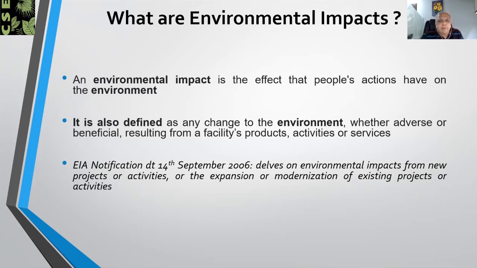So, what are environmental impacts? As the dictionary meaning goes, an environmental impact is the effect that people's actions have on the environment. It is defined as any change on the environment, whether adverse or beneficial, resulting from a facility's products, activities, or services. However, when we are talking of environmental impacts in the context of the EIA notification of 2006 of the Government of India, this delves mostly on the environmental impacts from new projects or activities.